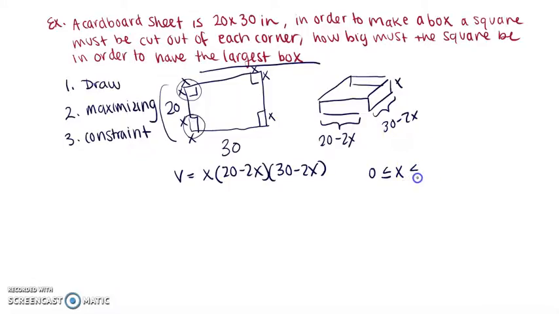And the largest x can be, if we have 2 x's on one side, and since 20 is the smallest side, we have to look at that. If we have 2 x's on one side, that means the largest x can be is 10, which means that this entire side would be cut out if each box was 10 by 10. And so that is our constraint.